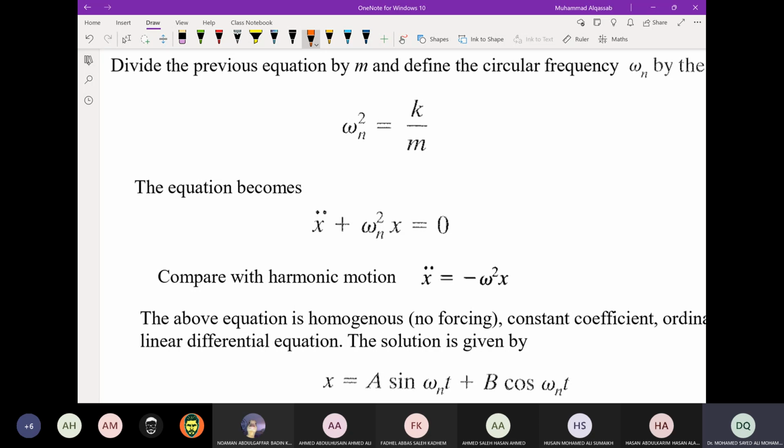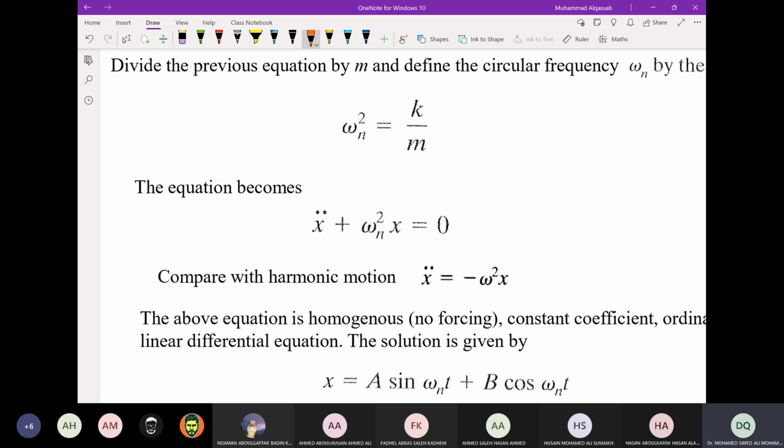Now this is a differential equation with two terms. Equal to 0 means this is a homogeneous differential equation. There is no forcing, which means no external force.